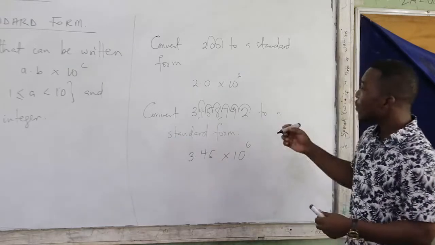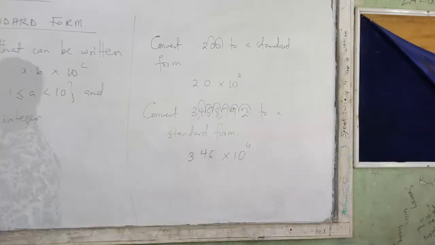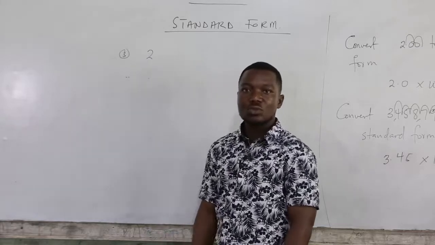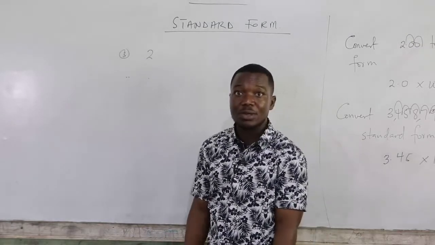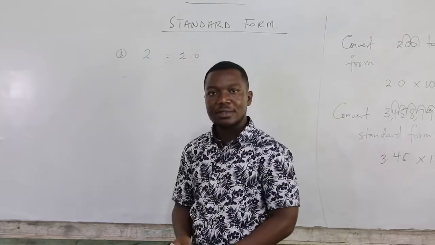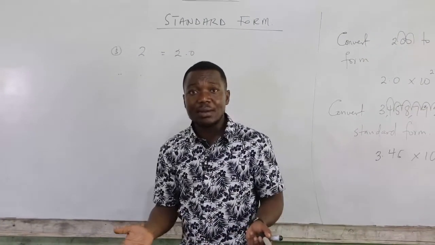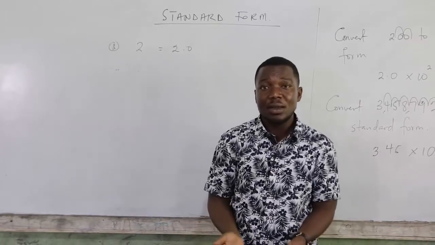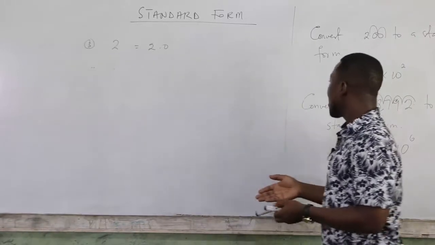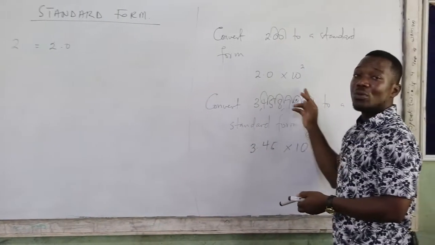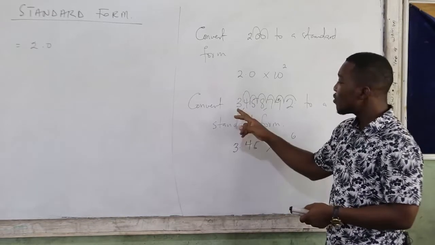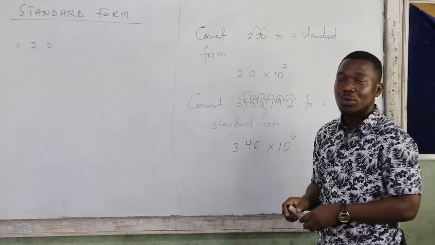Meaning that the number 2, if you want to introduce a decimal, you can write it 2.0. So any number without a decimal can be written with a .0. So when you are moving, you are going to look at where the decimal lies and move to where the non-zero number comes in. All right? So the first two non-zero numbers, that is where the decimal point will come in.